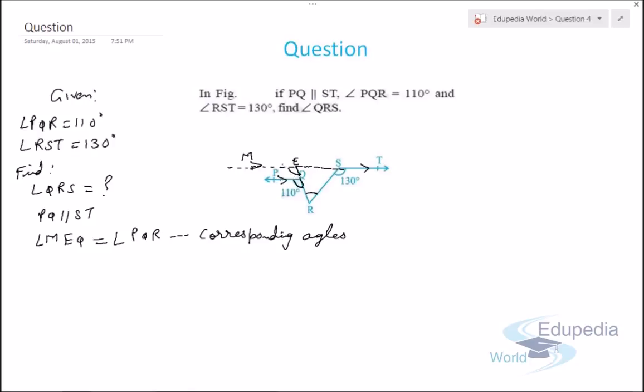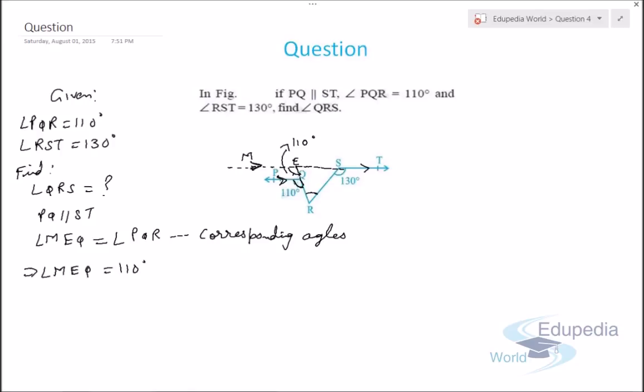Why? Because this line is parallel to this line, and these two angles are on the same side of a transversal, but one is exterior and one is interior. So this makes a pair of corresponding angles. So we can say that angle MEQ equals 110. So this angle is 110.